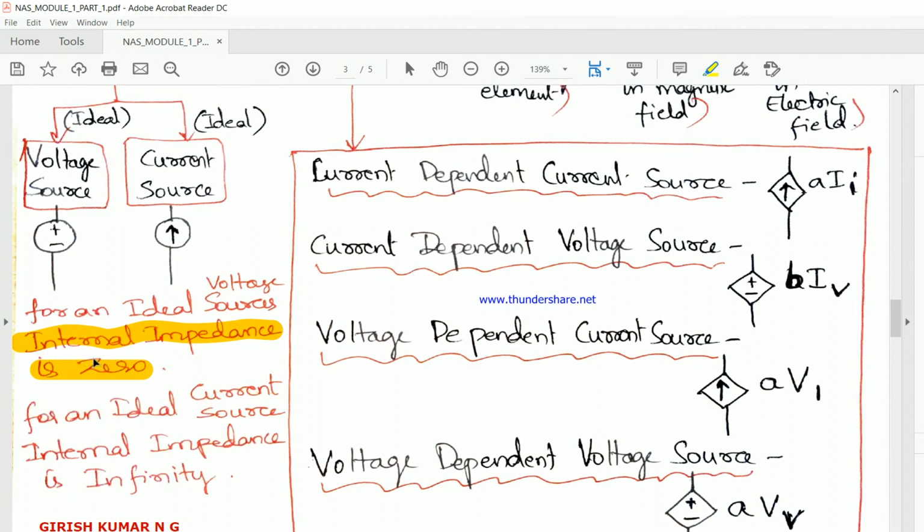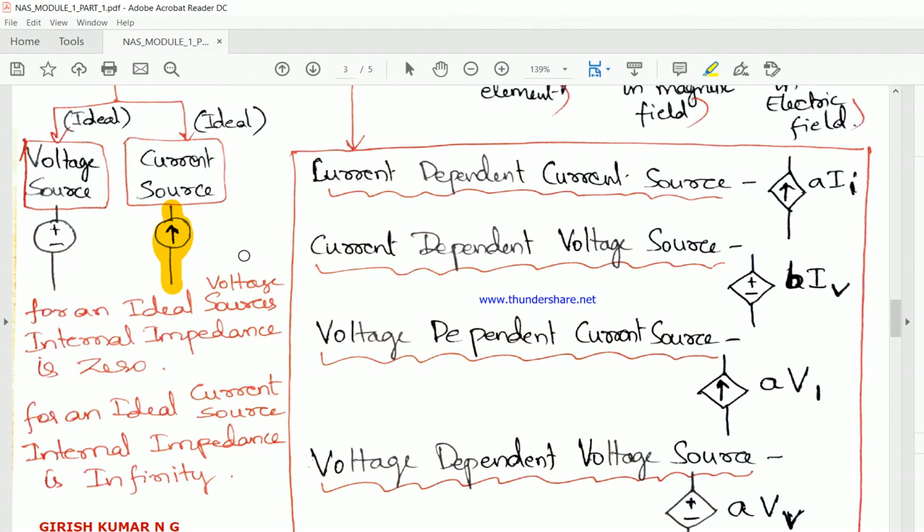Now coming to the next part, the symbol. For a voltage source, this is the symbol which is used: a circle with plus and minus polarity. Similarly, for the current source, you can see this is the symbol being used.